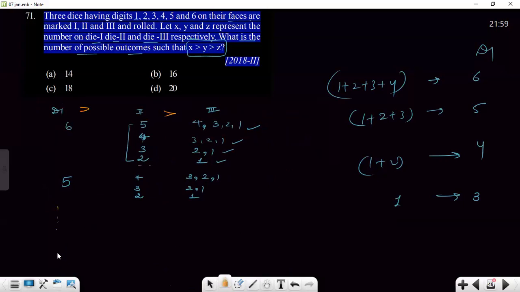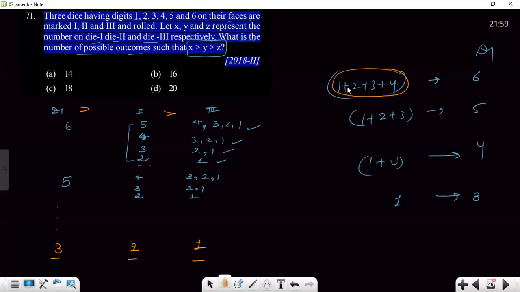Now, similarly, if we write 3 here, then the only smaller numbers are 2 or 1. Less than 2 is only 1. There's nothing less than 1, so this scenario will not be. There will be only one case where 3 is on the first dice, 2 is on the second dice, 1 is on the third dice. So that's how we have calculated all the numbers of cases.